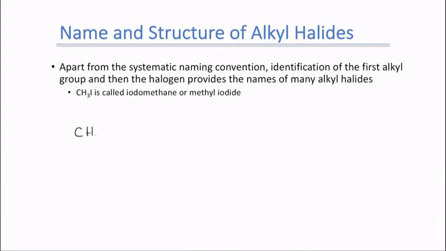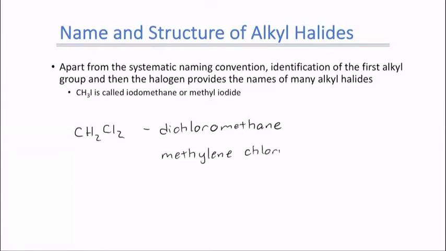Same thing if we have CH2Cl2. That one is sometimes called dichloromethane, or occasionally it's called methylene chloride, because the methylene group is a carbon that contains 2 hydrogens. So that's something to be aware of when you're looking at your alkyl halides. Sometimes we use that IUPAC name, but sometimes they have a common name convention too.